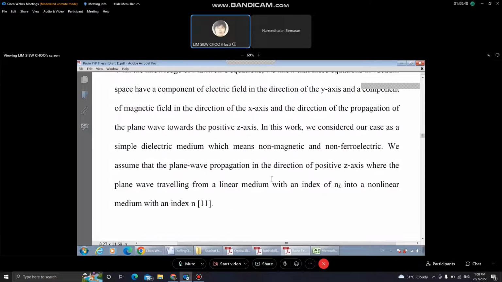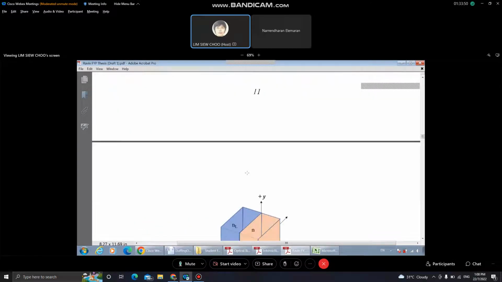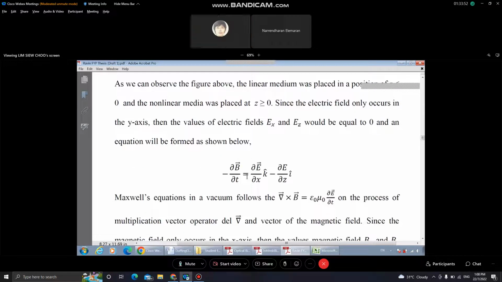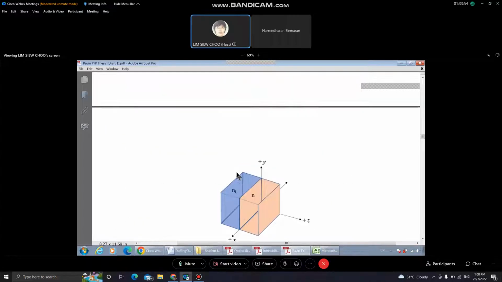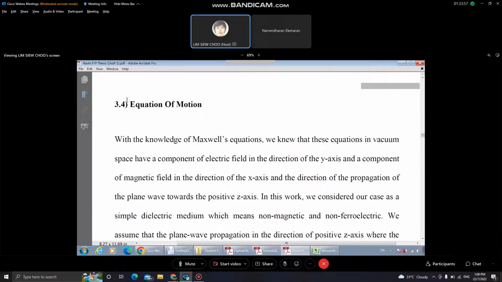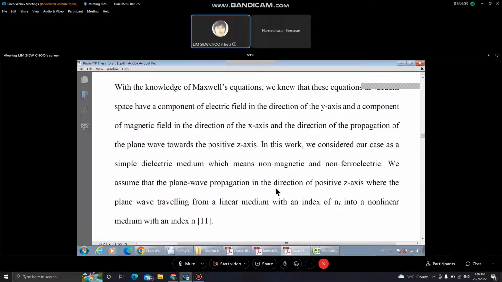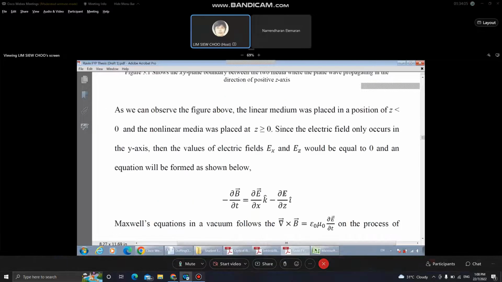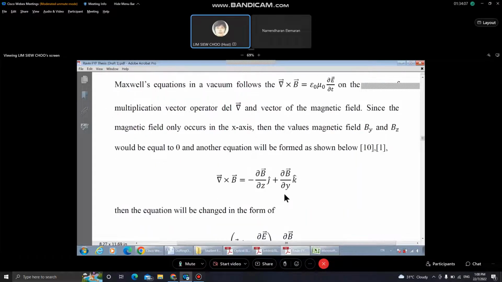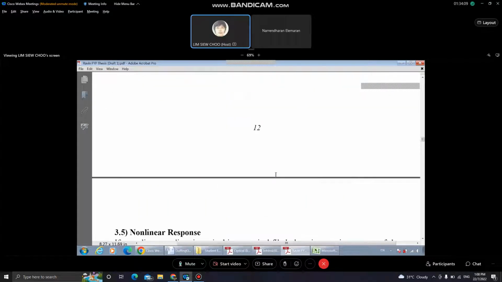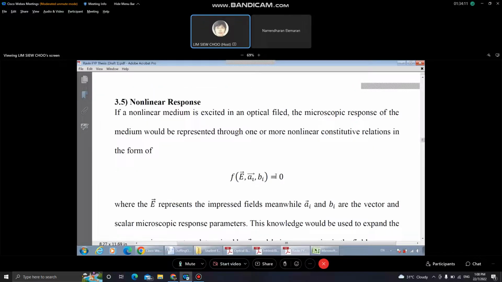And then the equation of motion, of course, is also relevant, but maybe I don't know whether it's suitable for you to mention it as equation of motion or not. It is better to say wave equation, nonlinear response. So you have to rename, Ravin.